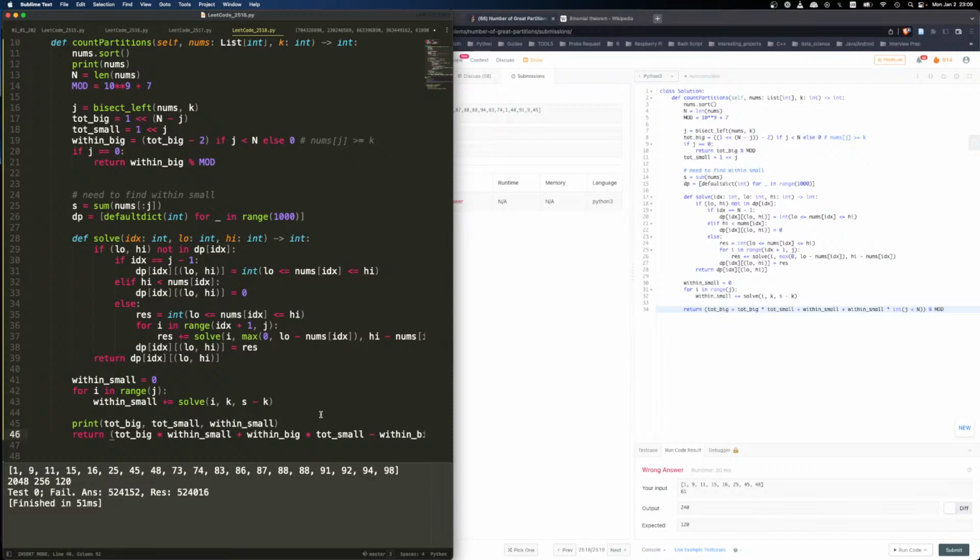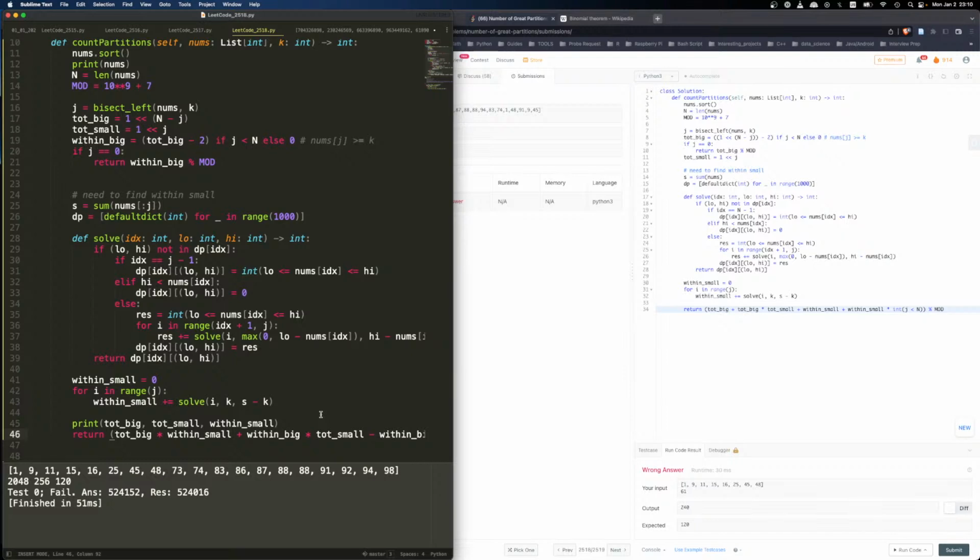Total big is like the big, every possible big, right? Within small is within the small. We can find the one that satisfies. So we can pair the within small with the total big. That's one way, right? And then we can have within big. The big is good, right? Because remember, total big is within big, right? Within big is total big minus 2. So we can have within big times total small, right?